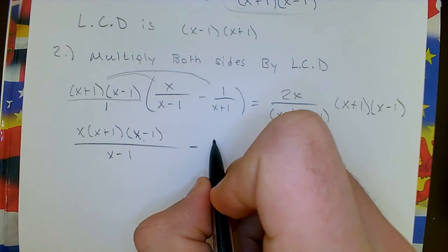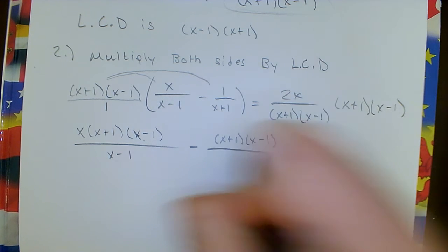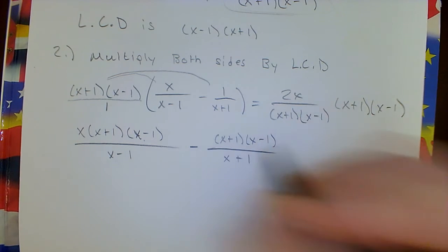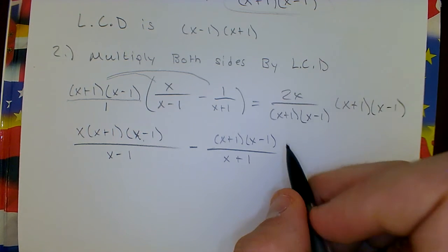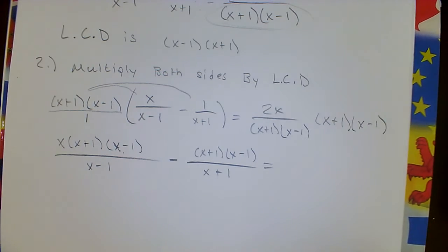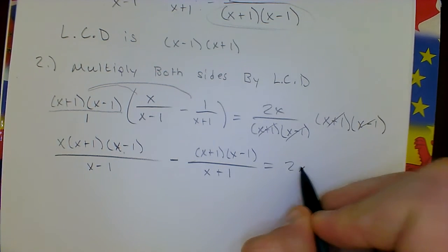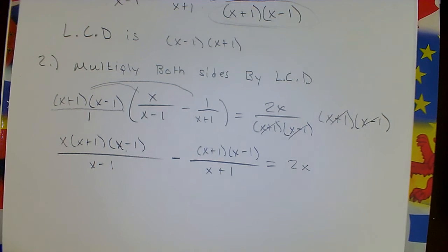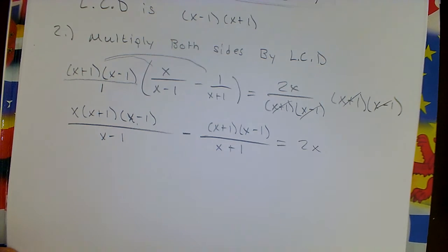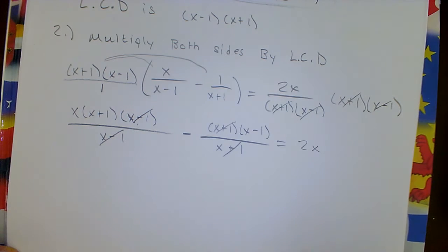So then we would have x plus 1, x minus 1 over x plus 1. Okay, so here we've got some nice cancellation that goes on, right? These two all cancel out, and you just get a 2x on the other side. We also will cancel x minus 1 and x plus 1 here.